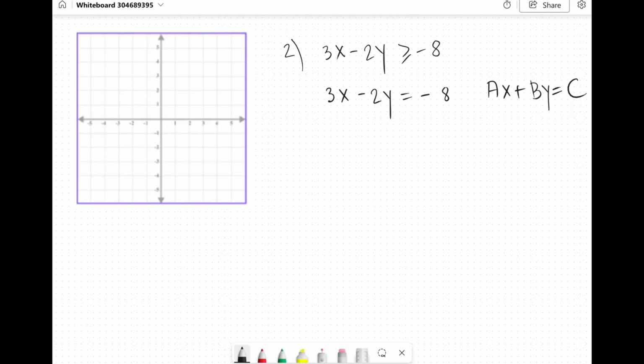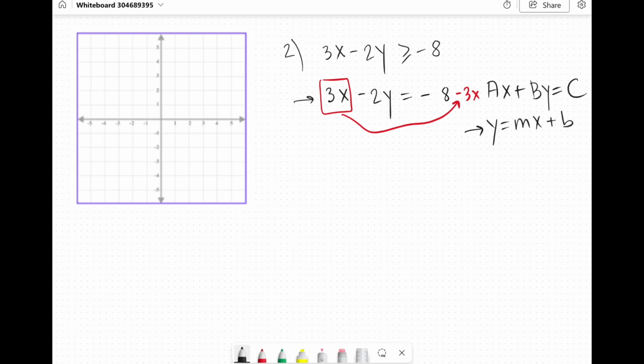We can find the intercepts, or we can change this into y equals mx plus b, which is the option I'm choosing. So to make this look like this, I will first take the 3x that is currently positive on the left side and move it to the right by making it negative.